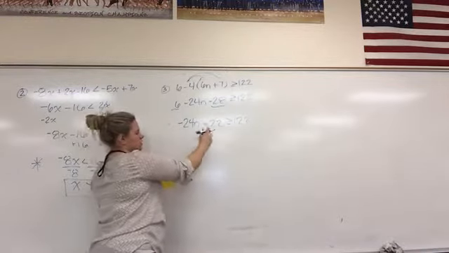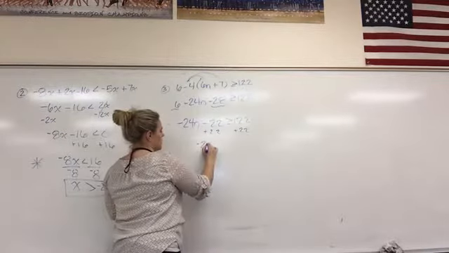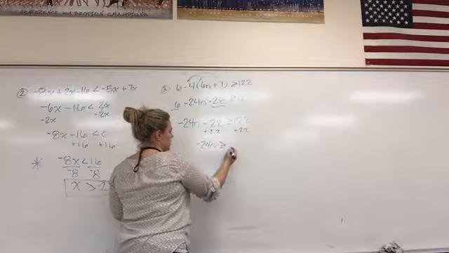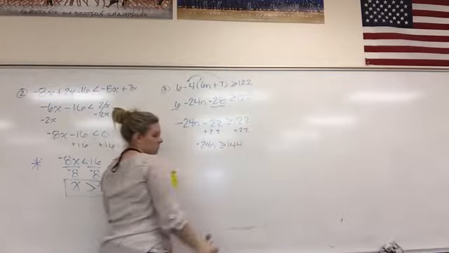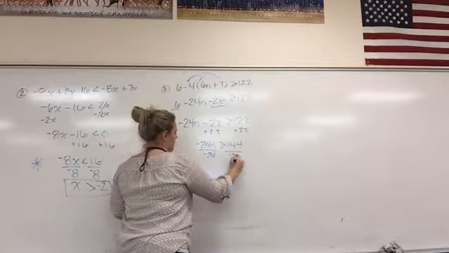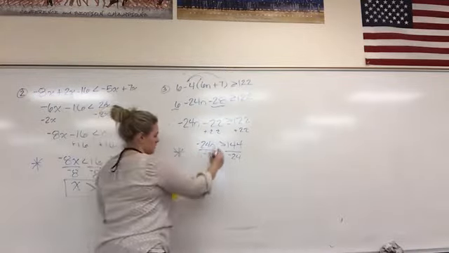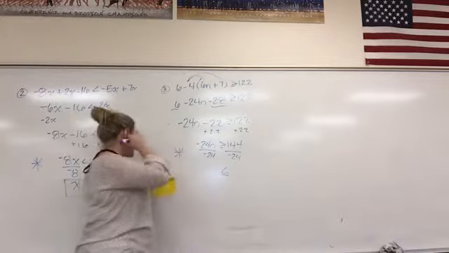Now I'm going to undo this subtraction of 22, so I'm going to add 22 to both sides, and I get negative 24n is greater than or equal to 144. Divide by negative 24 on both sides. I'm dividing by a negative, so I need to make sure I flip the sign. So I'm going to do that first, flip the symbol.